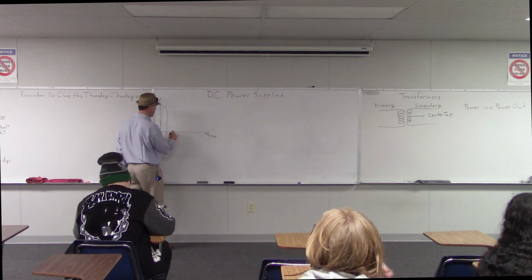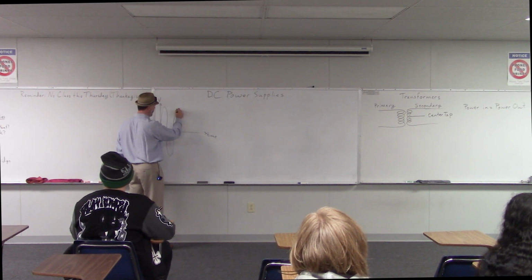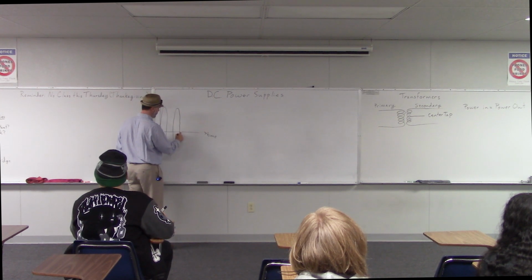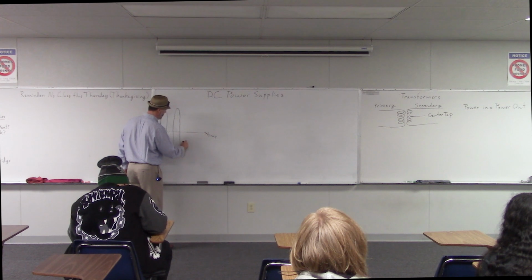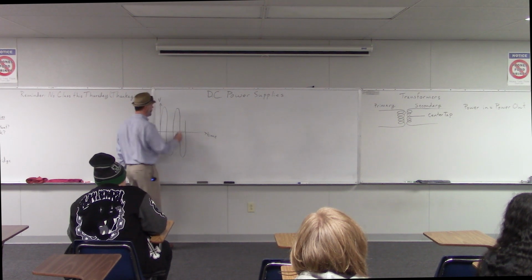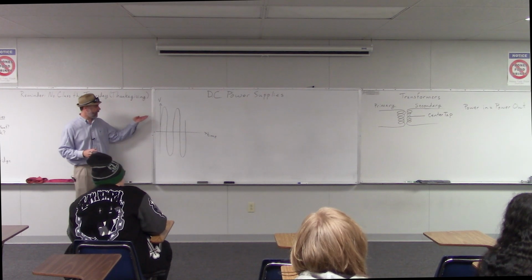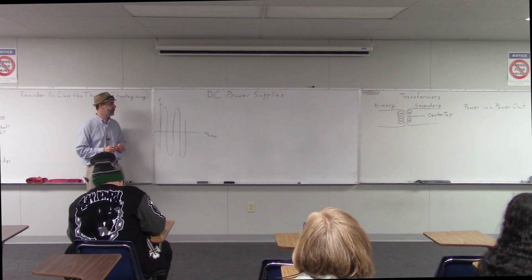It starts off at 0, and then the voltage goes up and gets to a high voltage. Then a moment later, it starts to come down and goes back to 0, and then it goes down to a negative voltage, and it comes back up to 0, and so on. So people use high voltage AC electricity when it's being transmitted down a power line.